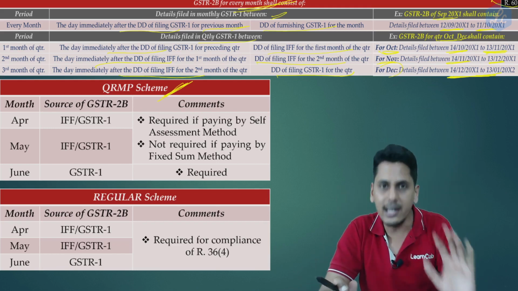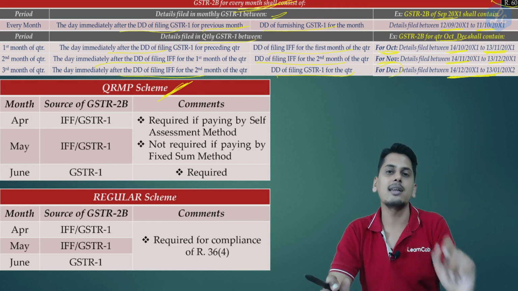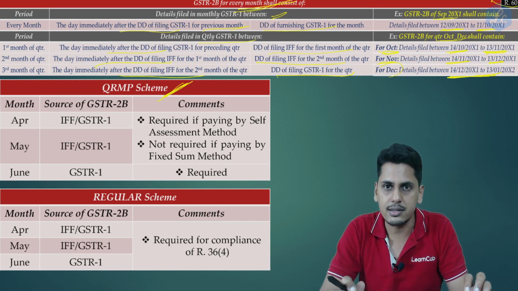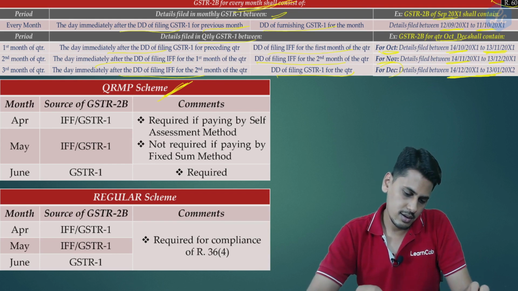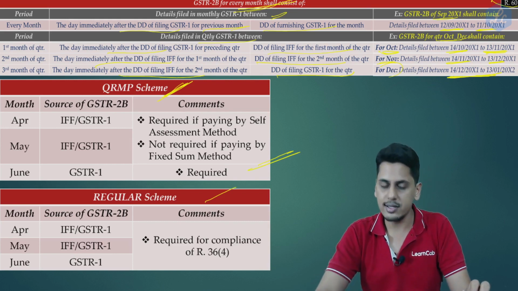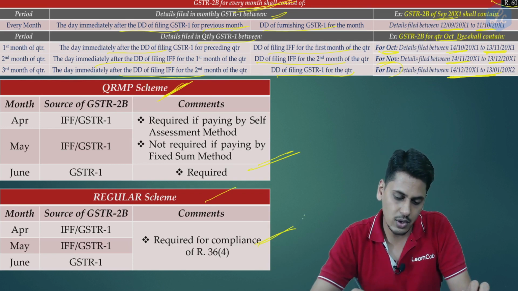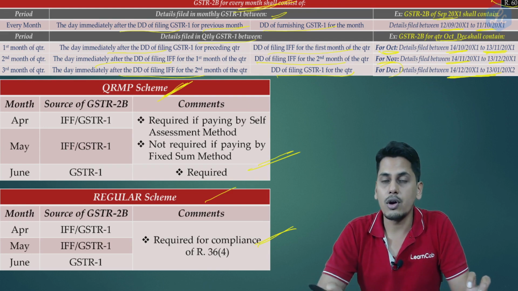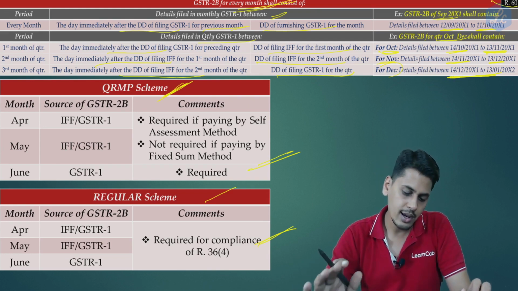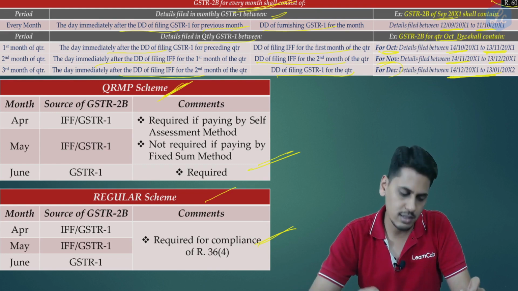That is only a tentative calculation. While doing the final calculations, he would require GSTR-2B of all three months. I am sure you are able to follow this. As regards the regular scheme, yes, he does require GSTR-2B for all the months of the quarter, to carry out the compliance under Rule 36(4).